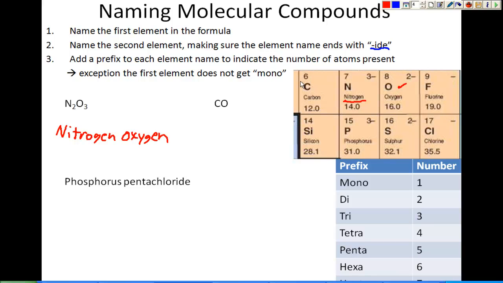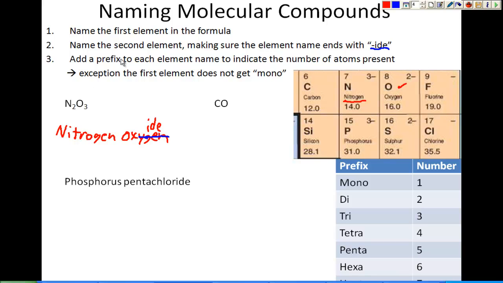So I'm going to put the suffix on oxygen and write "ide." So it's going to be oxide. So nitrogen oxide.